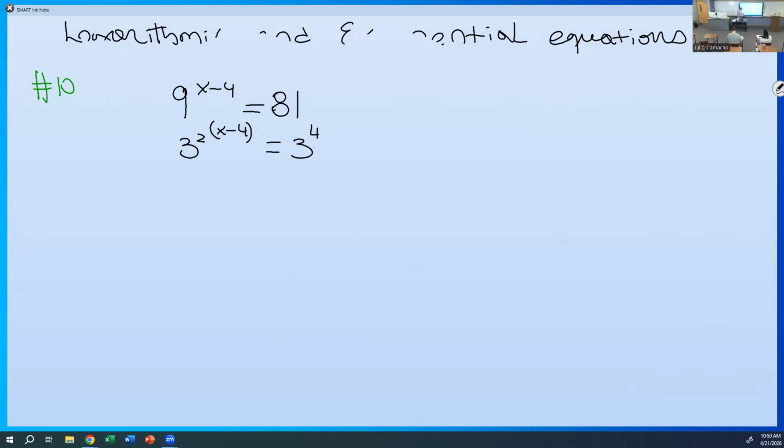As you can see, now you have the same base, because now we're in exponential, we are no longer in logarithmic. You have 3 to the 2 and 3 to the 4, same base.